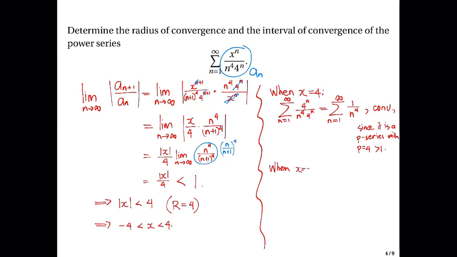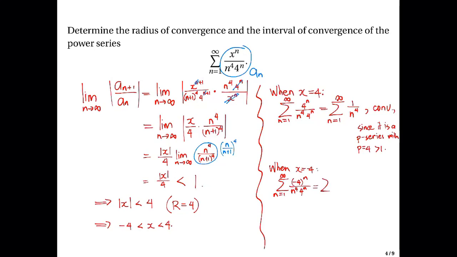x equals -4, we have the series -4 to the n over n to the 4, from 1 up to plus infinity.